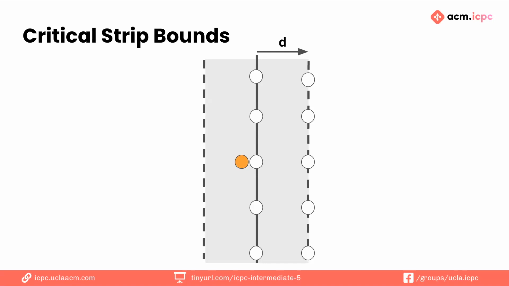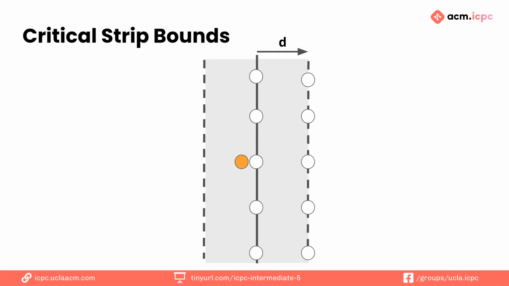Why are all the white points evenly spaced? Yeah, the white points don't have to be evenly spaced, but we know that the distance d is the smallest distance so far. If there were points closer than that distance, then d would be smaller. So they have to be at least distance d from each other. Since we want to find the worst case, we're just going to put them all evenly spaced.